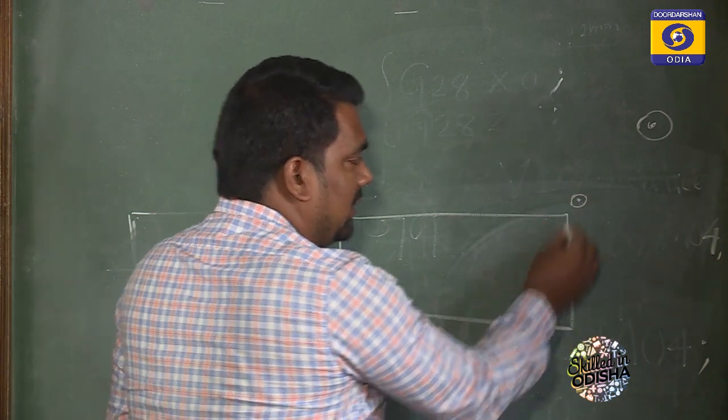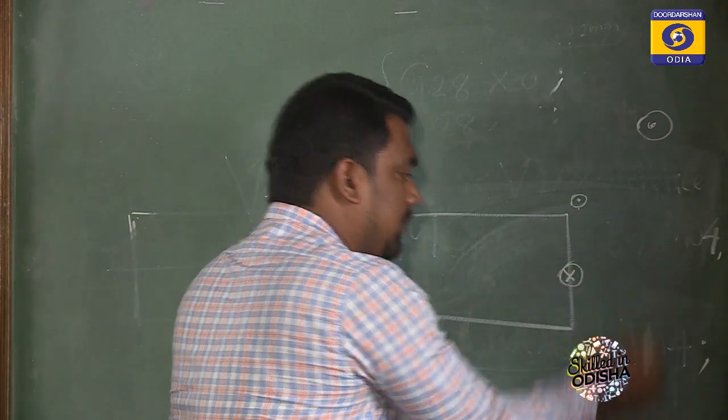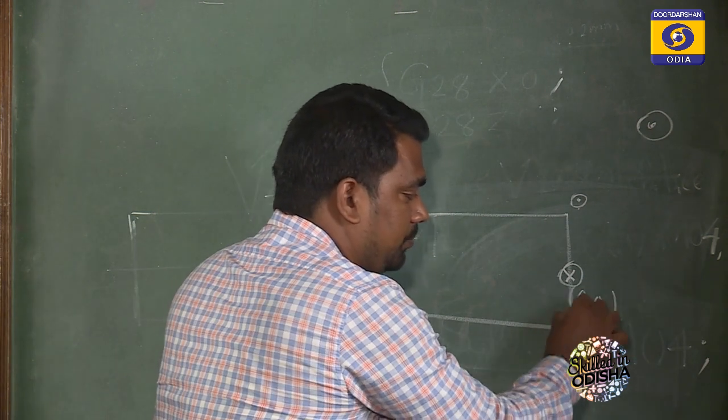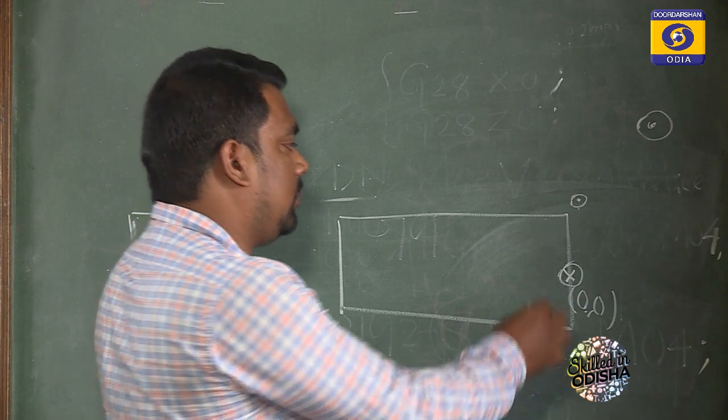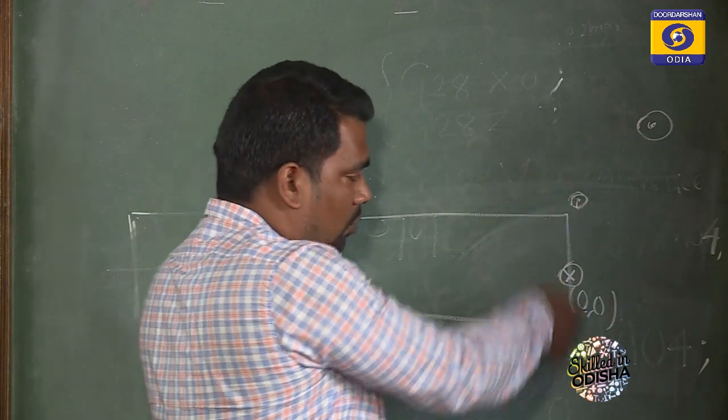Let this position be defined from the floating point. Floating point is 0, 0. Let this be 2 mm ahead of the workpiece.